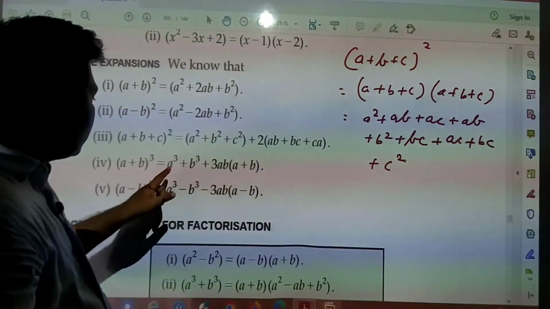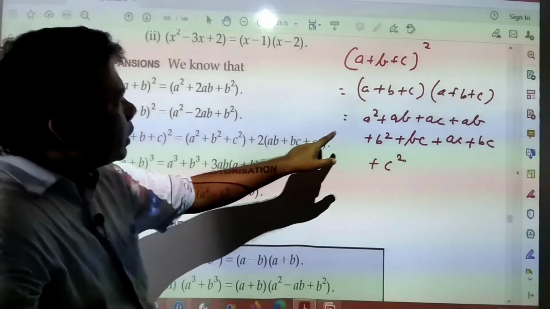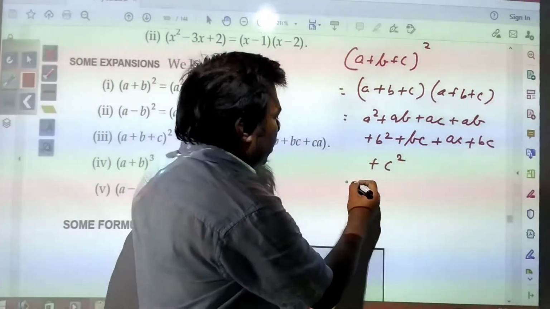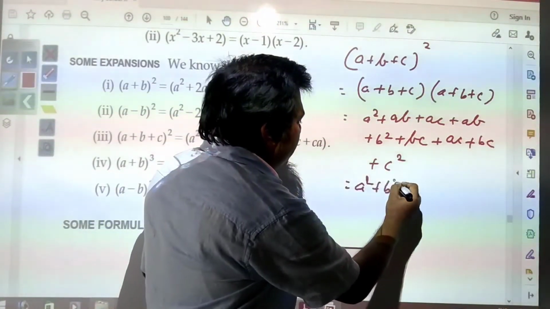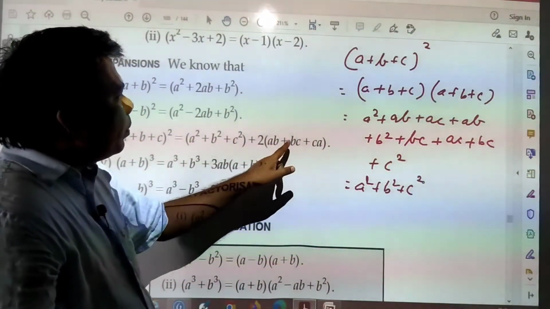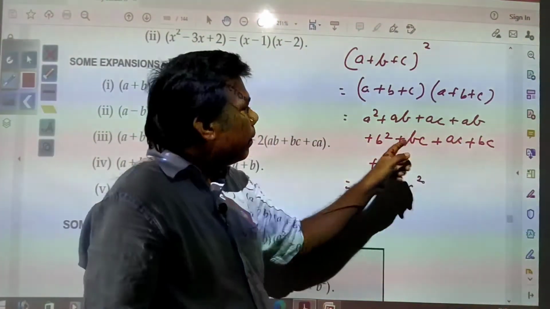So finally you will get a² + b² + c², and then ab, bc, ca.